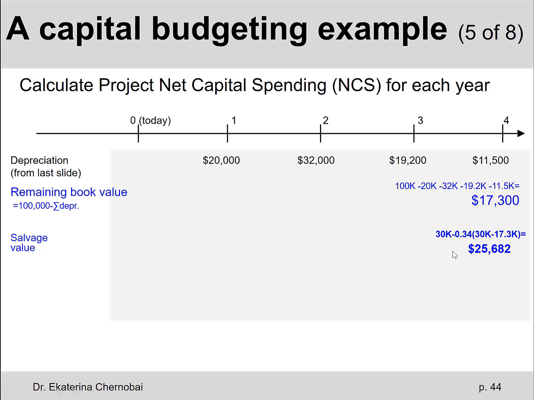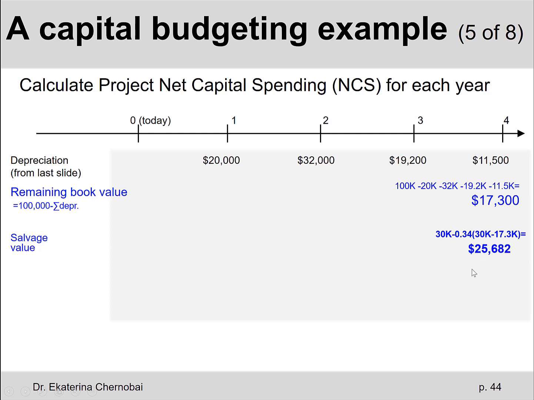When you do the math, you get the after-tax salvage value equal to $25,682. So this is how much we receive, a cash inflow, at the end of the fourth year, on top of the profit from selling pizzas that we did as the operating cash flow on the previous slide.